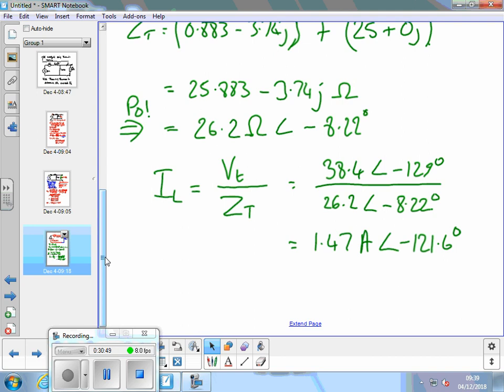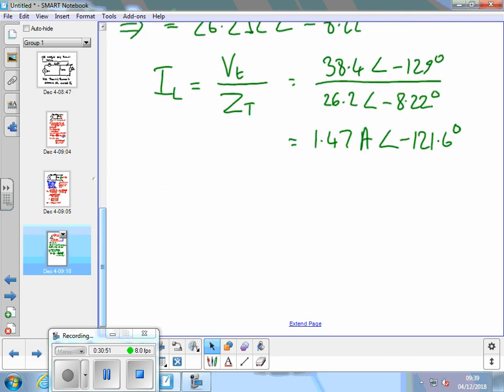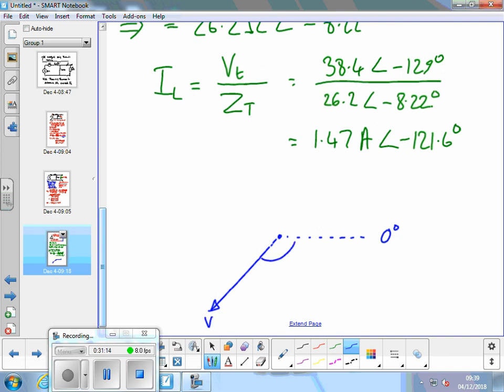In terms of do those angles look right? If that's the starting point at 0 degrees, we've got a voltage that's at minus 129 degrees, and we've got a current that's at minus 121 degrees.